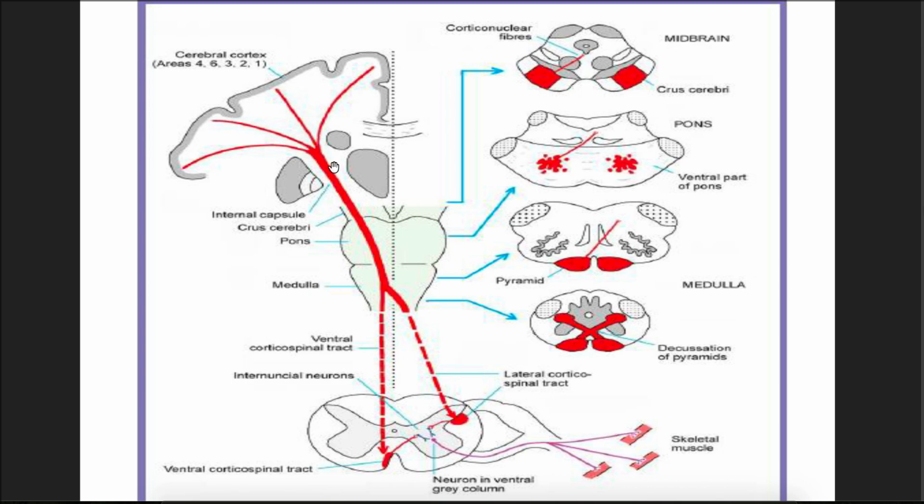You have different fibers coming down from different parts of the cerebral cortex. And this is actually corona radiata that I was talking to you about. This is the internal capsule. And then through the midbrain and pons and medulla, then some will remain on the same side and some will cross.